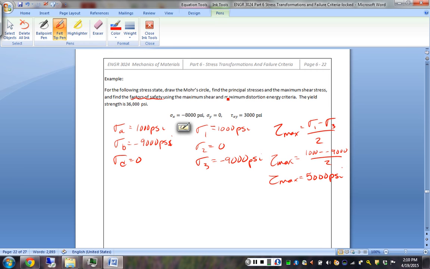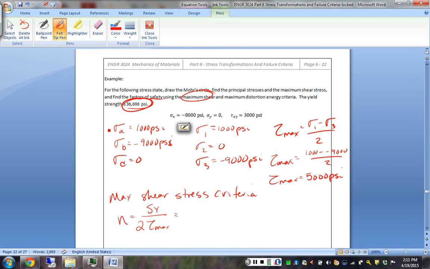Now, looking at failure criteria, what did we want? We wanted factor of safety using maximum shear. So max shear stress criteria is that our factor of safety n is the yield strength of the material over 2 times the maximum shear in the material.